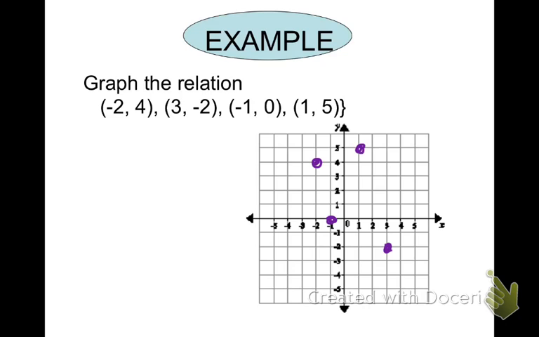Negative 2, 3, negative 1, 1, 4, negative 2, 0, 5. Stat, calculate, linear regression. Our R is really negative 0.49. I might have some things going on here. Let's try this again.